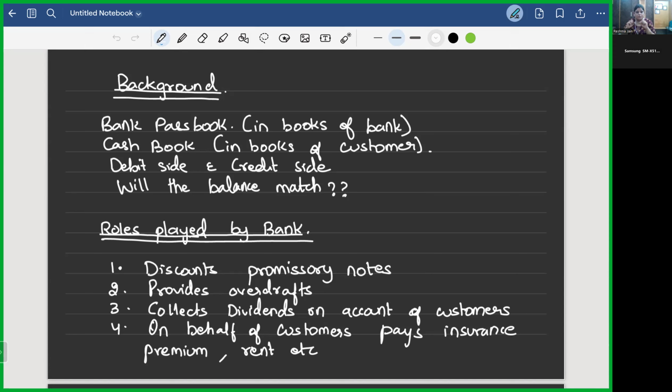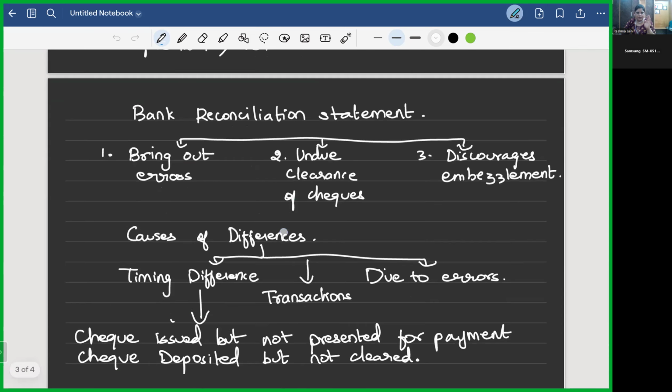They collect dividends on behalf of customers, provide overdrafts, deduct bank charges, collect interest, so many things. Keeping in mind all the roles performed by the bank, let's move to why there is a difference between the passbook and the cash book.